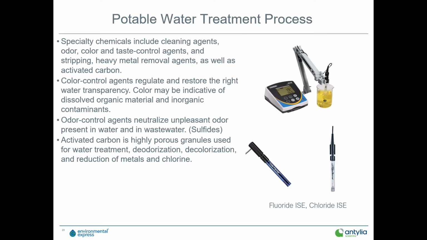Now, most of these free ions can be measured either with the ion-specific electrode shown on this slide and a benchtop meter, or they can be measured colorimetrically as well. And again, that's just taking a small water sample, adding the unit dose reagent to it, letting it dissolve and taking a measurement of how intense that color is.